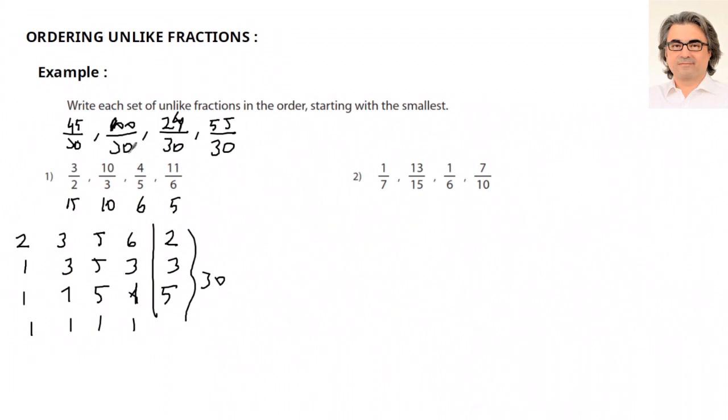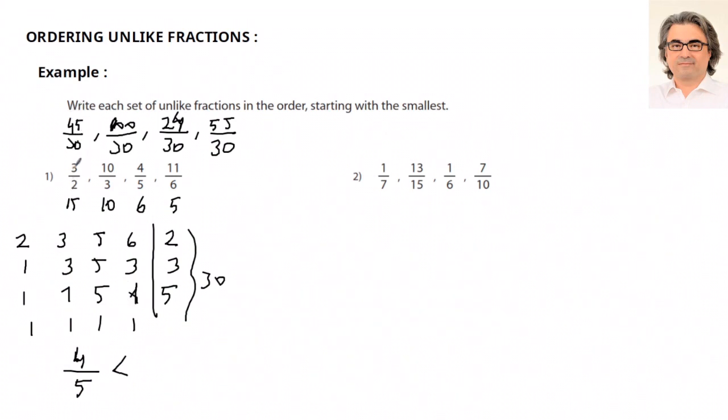Now I should compare their numerators, starting with the smallest. The smallest one is the fraction whose numerator is the smallest. 24 is the smallest here. It means 4 over 5. So right here, 4 over 5 is less than the next one, 45 over 30.